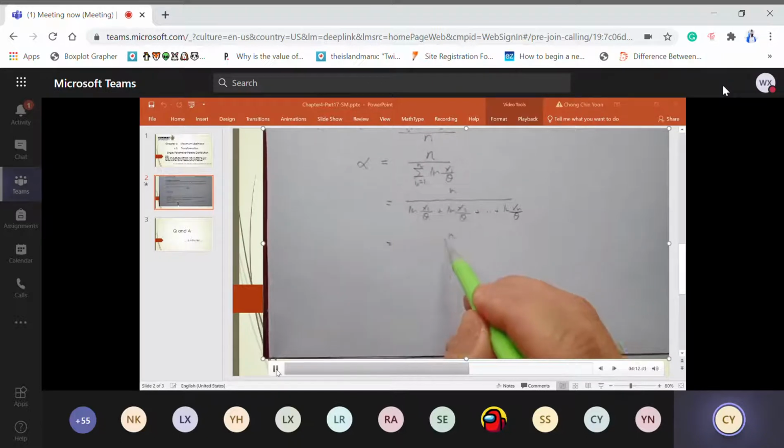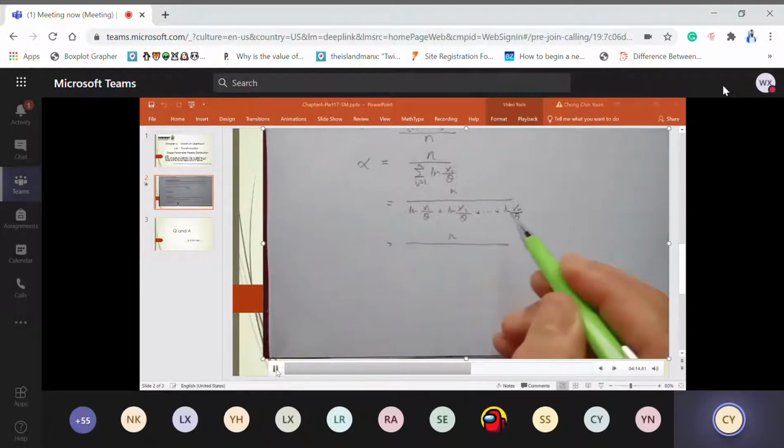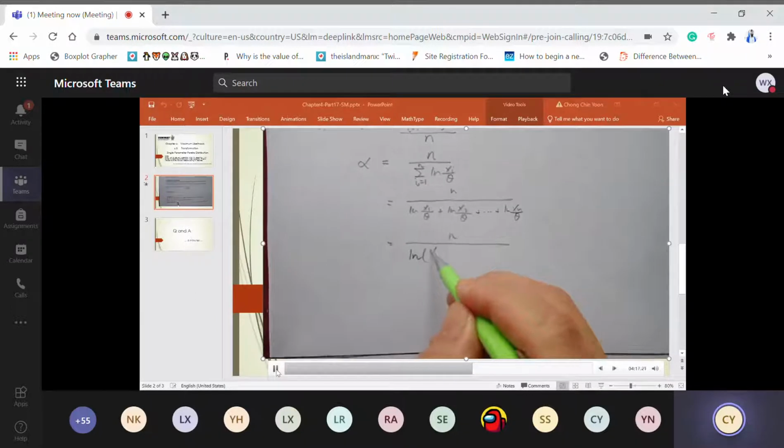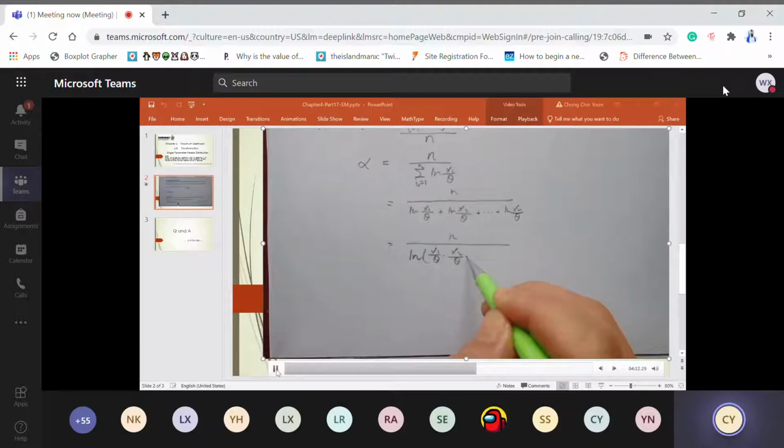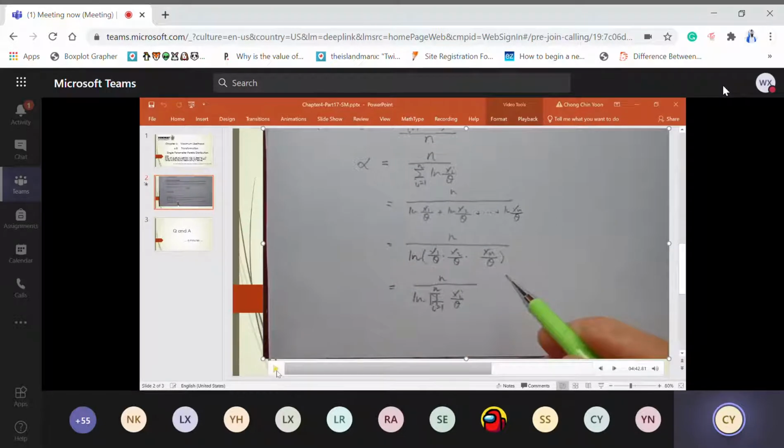And this can be simplified as log of x1 divided by theta multiplied by x2 divided by theta and multiplied until xn divided by theta. So obviously, this is equal to log of the product of xi divided by theta when i takes from 1 to n. And so we prove the result.